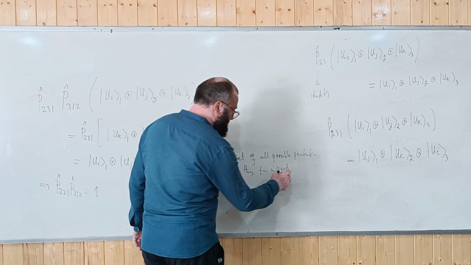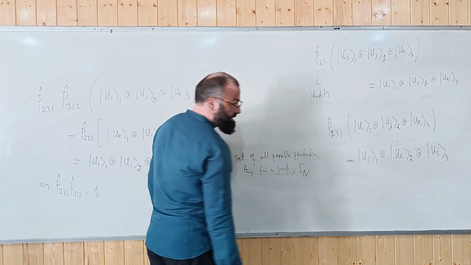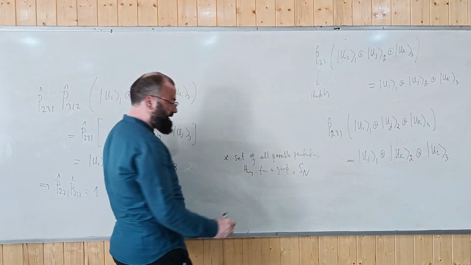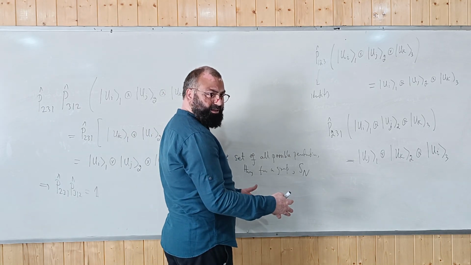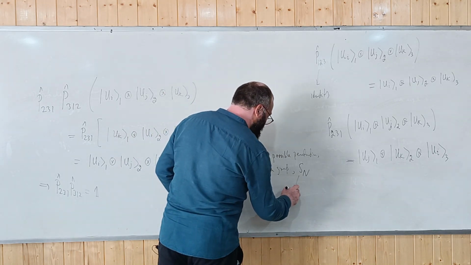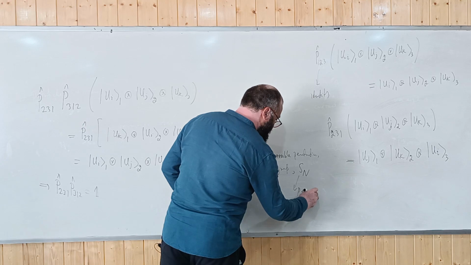What I am saying is, they form a group. We call that group SN, a permutation group. It is sometimes known as a symmetric group. So we'll call it a permutation group.